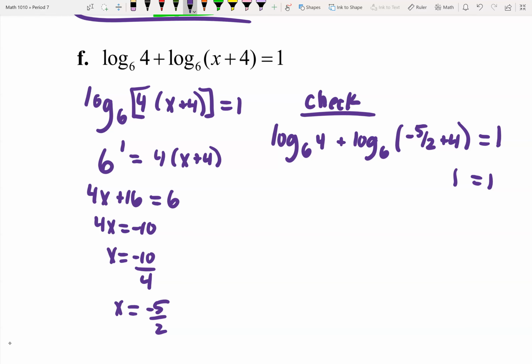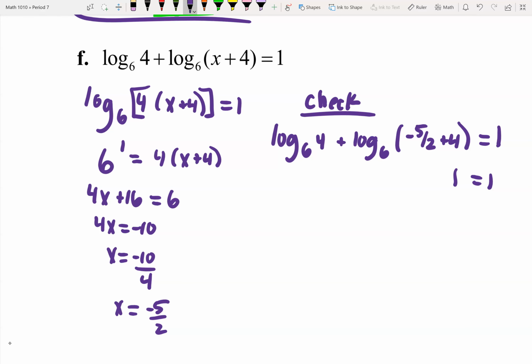Okay, clear your calculator out. Left side. Log, tell me. Log 4. Close it. Tell me now. Divide, keep talking. Log 6. Close it. Tell me what now?